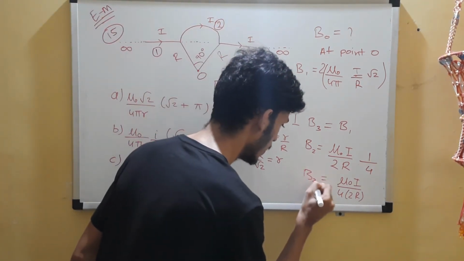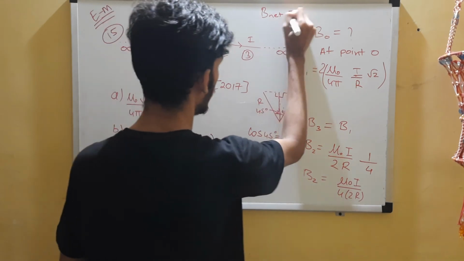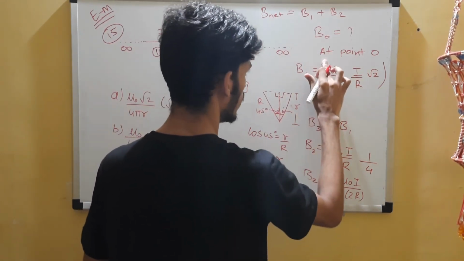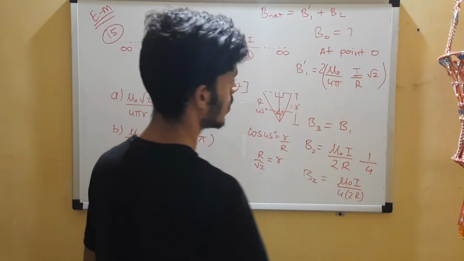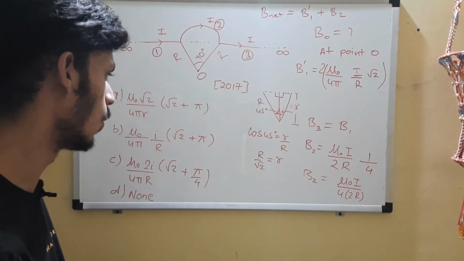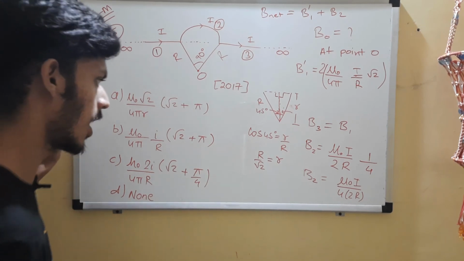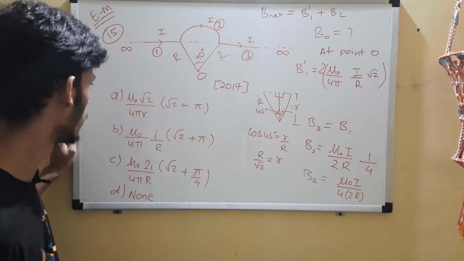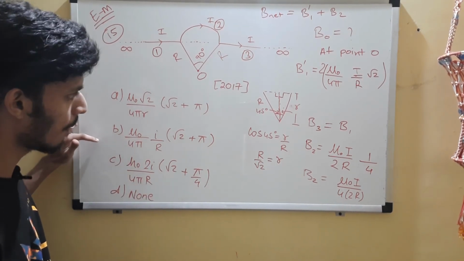So B net will be B1 plus B2, or what I will do is I'll write this as B1 dash, because it's not actually B1, right? We have multiplied it by 2. Now just add this and you'll have your answer. So what can we take common? Everywhere they have taken mu 0 upon 4 pi common.